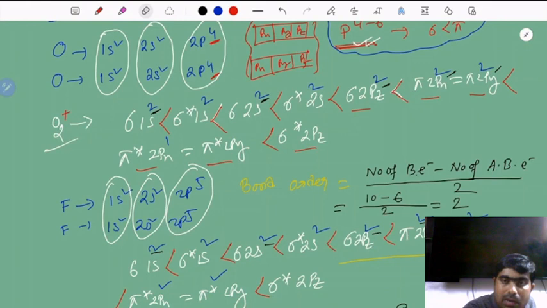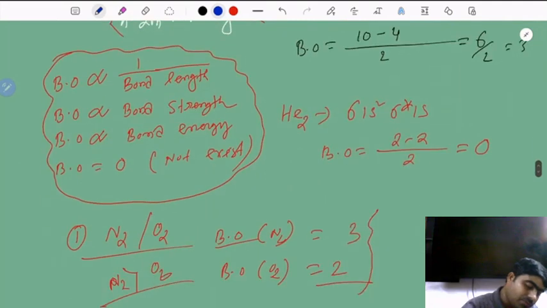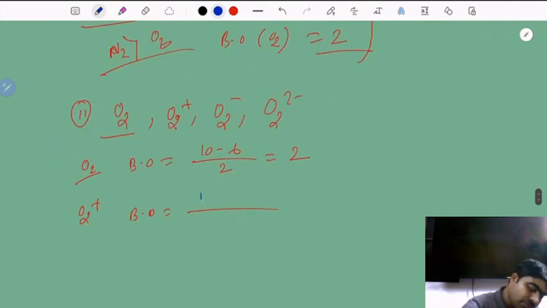The number of electrons in bonding does not change, but in anti-bonding one electron has decreased. So the number of electrons in the anti-bonding will now be 5. Now the bond order equals (10 minus 5) by 2, which is 2.5.